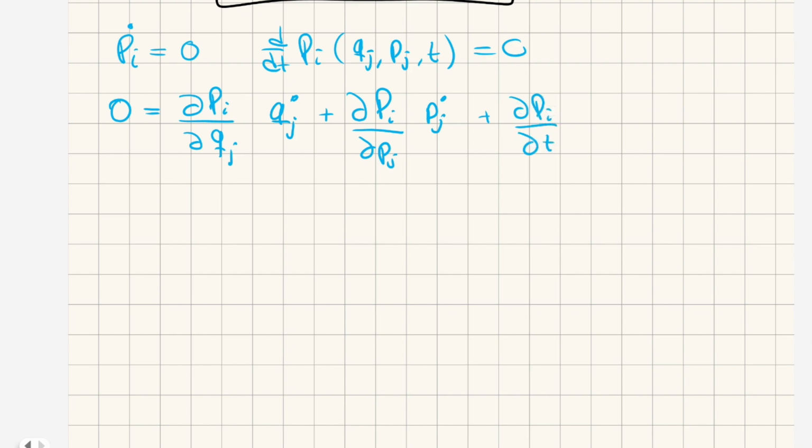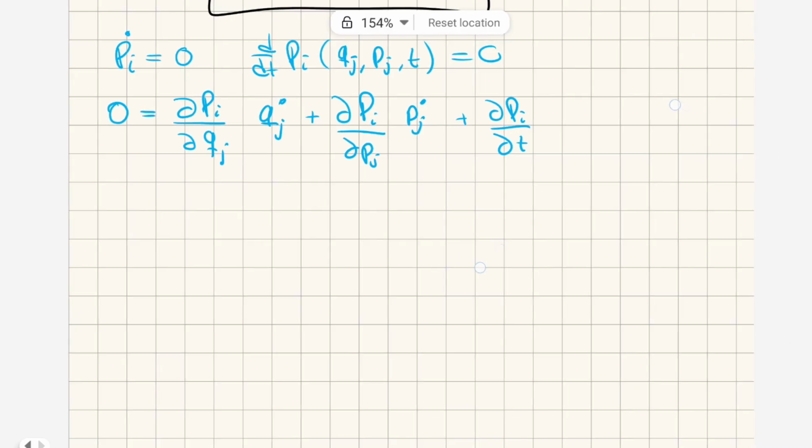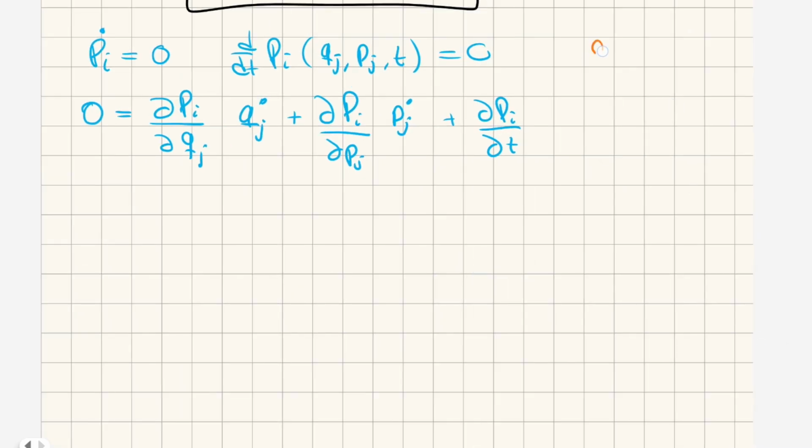Okay, perfect. And here we are going to make use of the Hamilton equations that are very well known. You know that qi dot is equal to the partial of H with respect to pi, and that pi dot is equal to negative the partial of H with respect to qi.